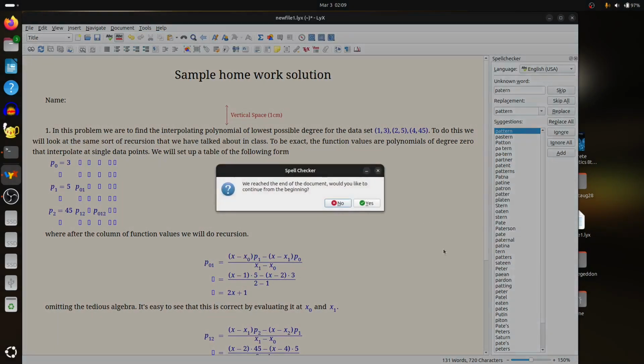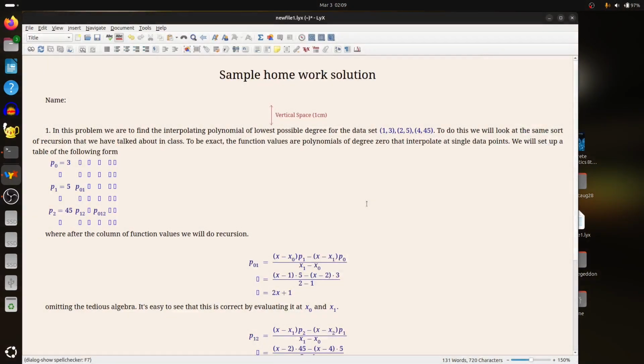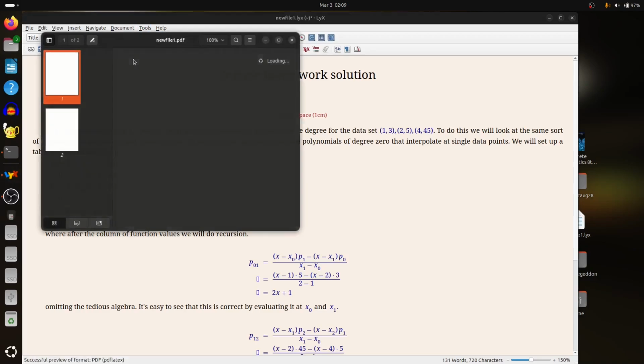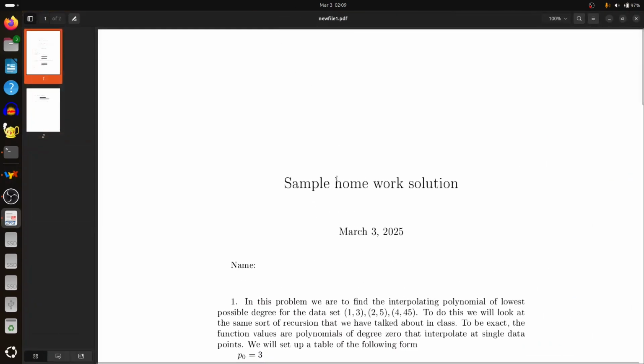Spell checker didn't find anything. PDF LaTeX. So let's see here. Give it a read through. We are to find the interpolating polynomial of the lowest possible degree that interpolates the indicated data set. To do this, we'll look at the same sort of recursion, blah, blah, blah.